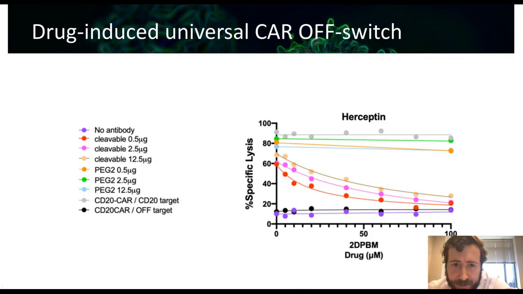And then similarly, when we go to look for control of CAR T-cell tumor cell killing, we also see we get a very nice tunable control over CAR T-cell function. And you can see, again, if we have inert linkers, the PEG2 linkers, or a traditional CAR, we don't see any reduction from the small molecule being added to the co-culture. But if we have our cleavable linkers, we see that nice reduction. And it's close to the no adapter control.